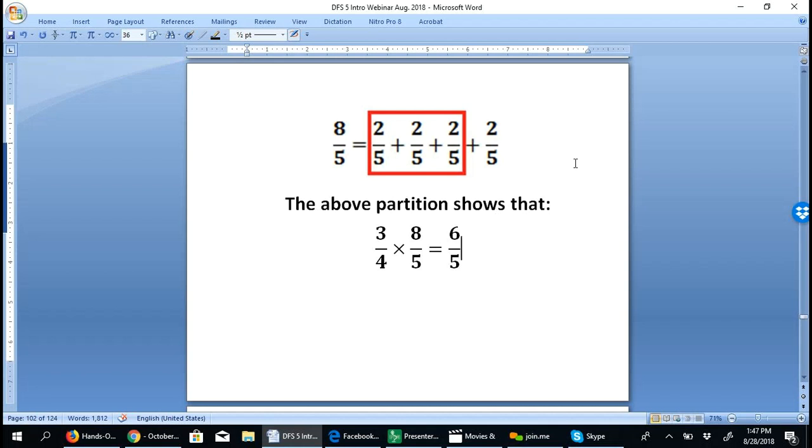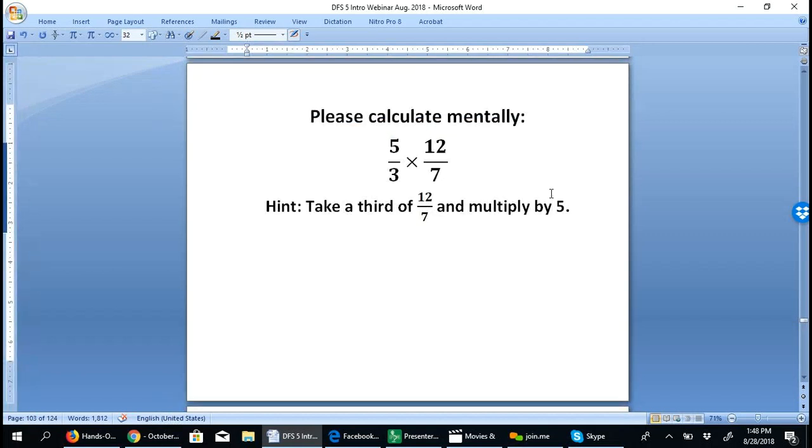But essentially what you're doing is verifying that 3/4 of 8/5 is 3 of those parts, because 8/5 can be written as 2/5 four times. If you think you're okay with this, please text chat. You will have the video though, hopefully.